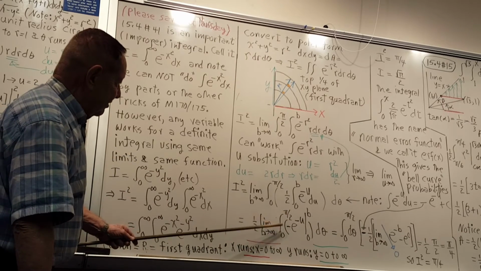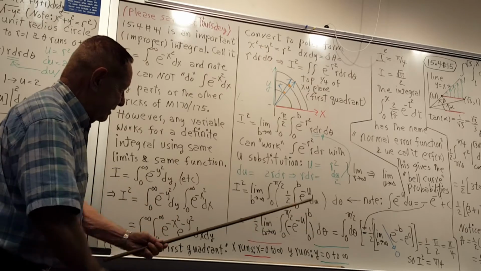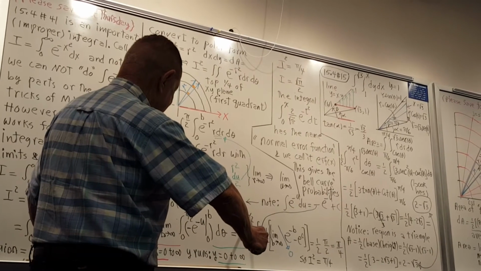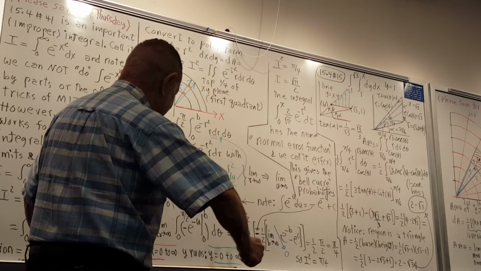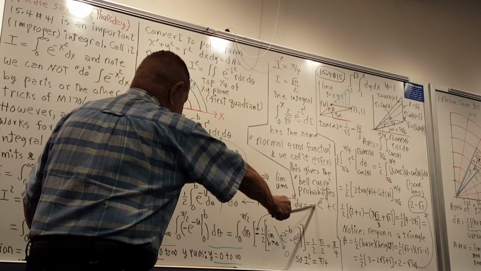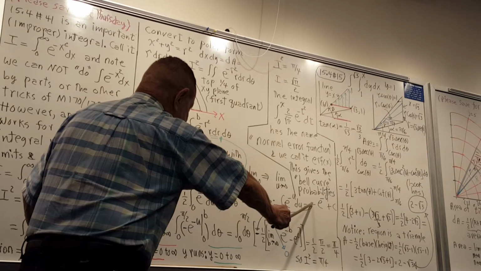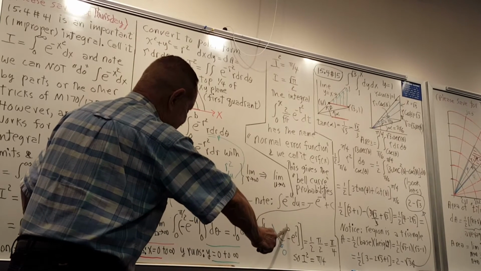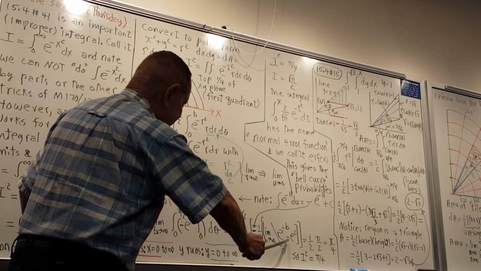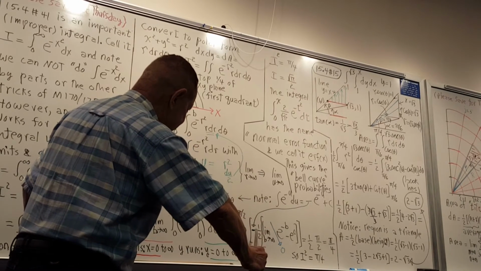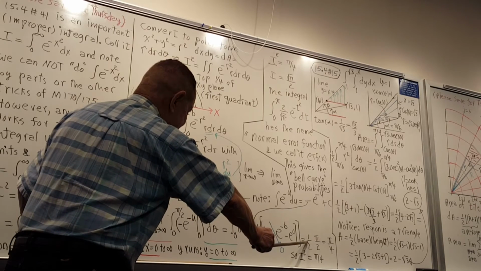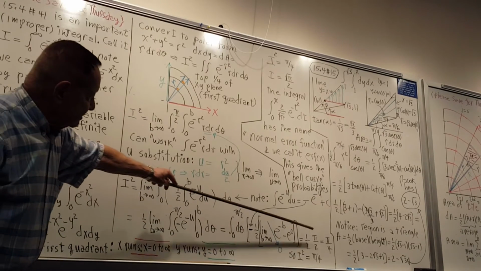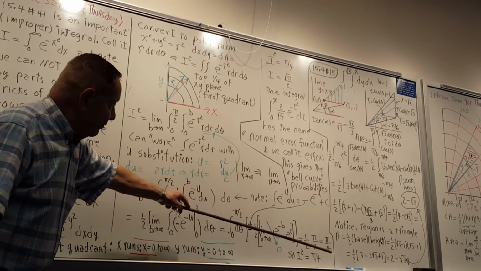And then after you've done all that, you can integrate with respect to theta. You have the minus half from the minus in the minus e to the minus u. Limit as b goes to infinity, e to the minus b, which is 0, minus e to the 0, which is 1. So the two minuses make the plus, half. And then your integral here is theta, so you get pi over 2, so you get pi over 4.